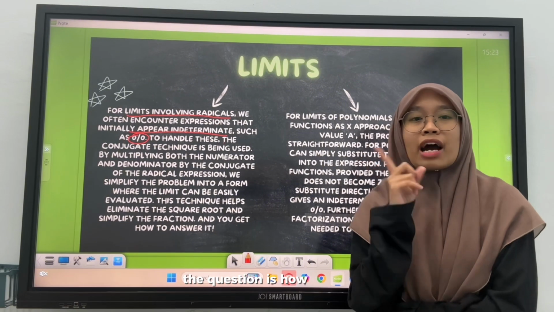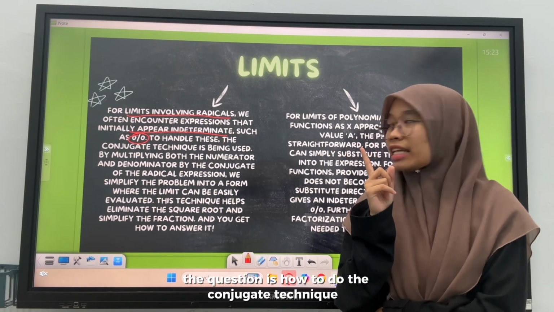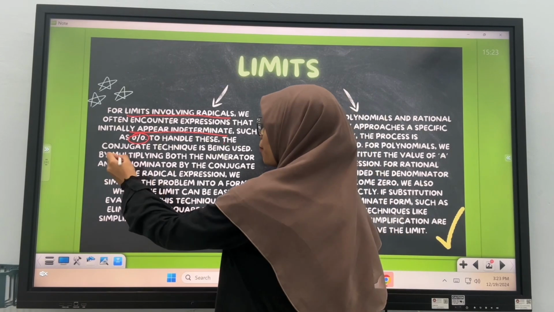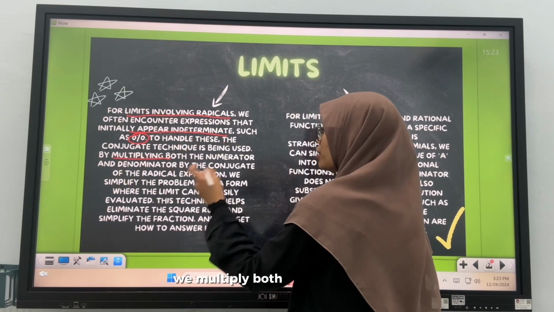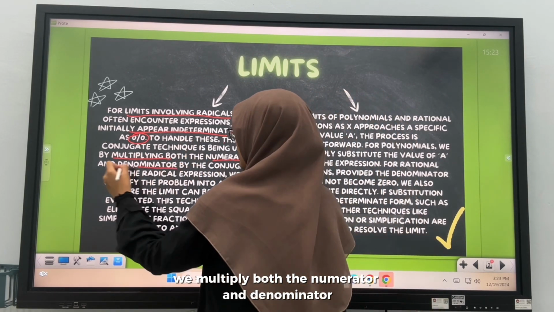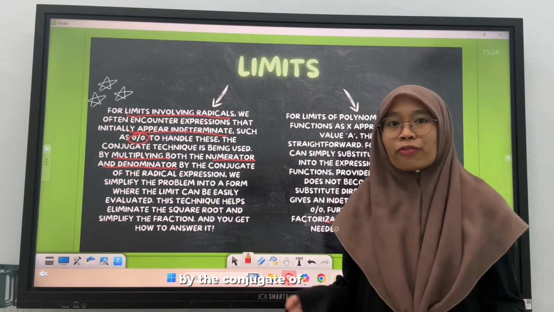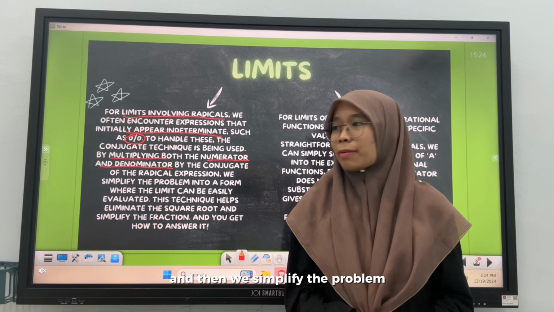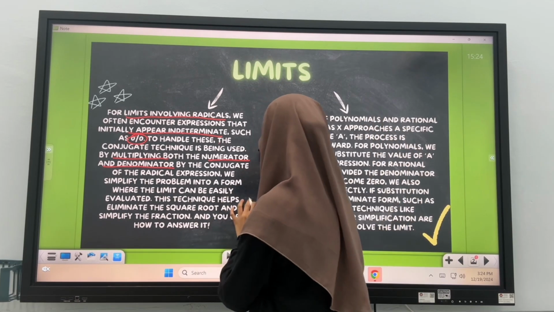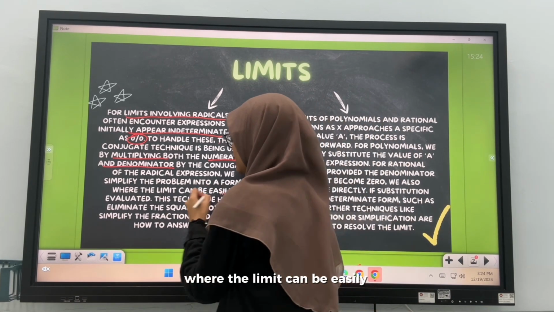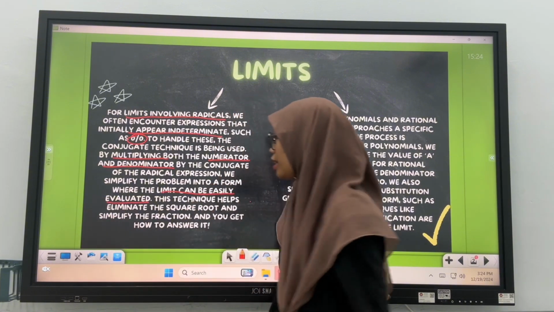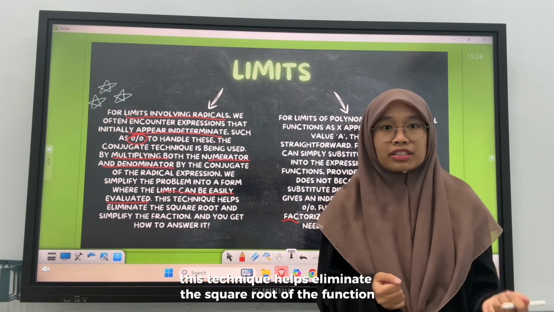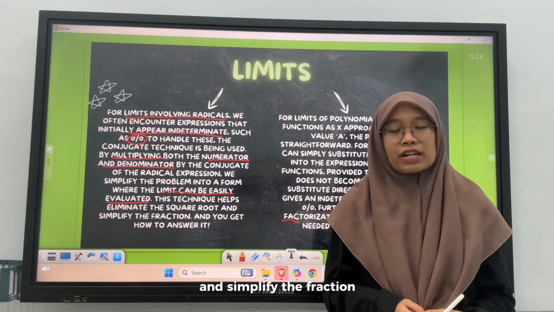The question is how to do the conjugate technique. We multiply both the numerator and denominator by the conjugate of the radical expression, and then we simplify the problem into a form where the limit can be easily evaluated. This technique helps eliminate the square root of the function and simplify the fraction.